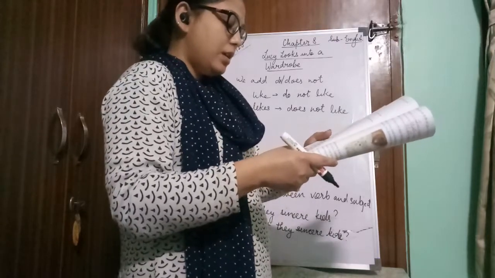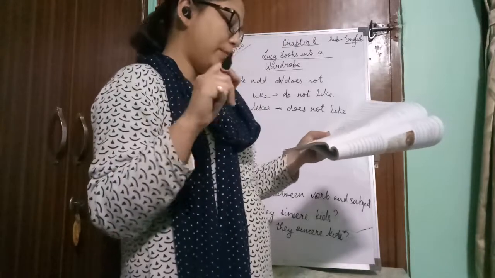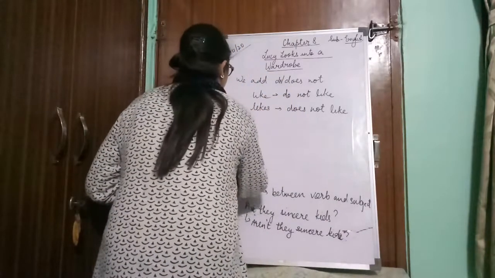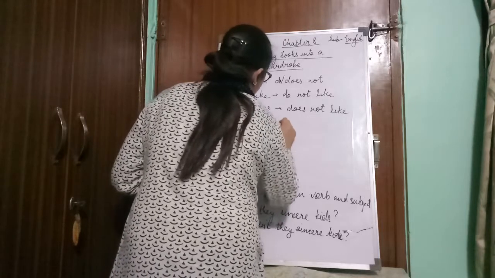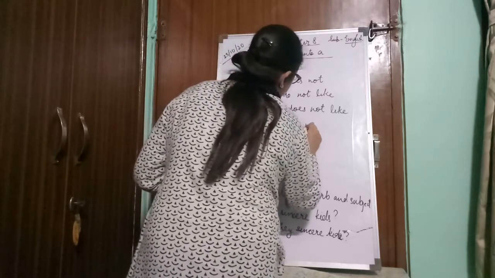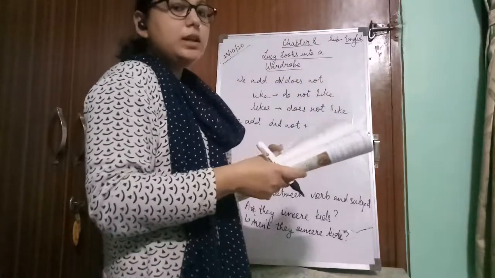Okay, children. Now, when do we change a simple past sentence into negative? For simple past, we add did not plus verb to make it negative.